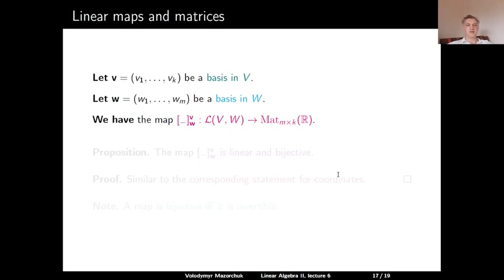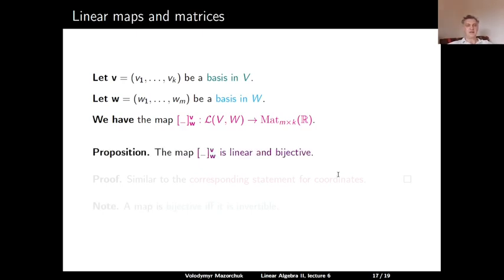So for each linear map F from V to W, we can take its matrix with respect to our bases V and W. So we start from a linear map and we get a matrix with m rows and k columns. So we'll get an m times k matrix with real coefficients.